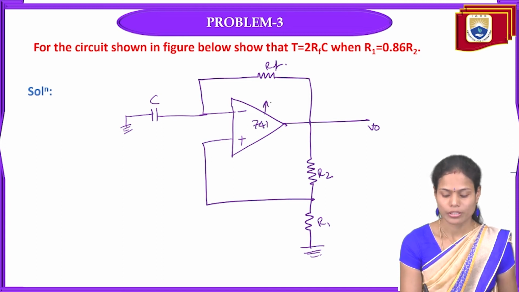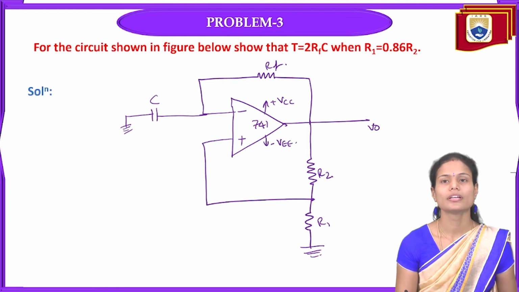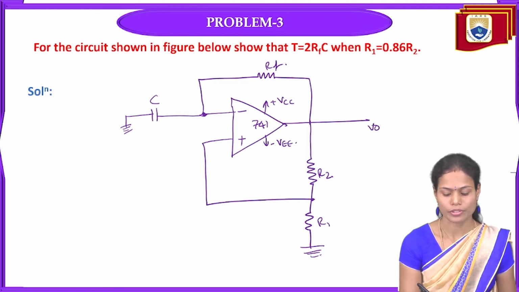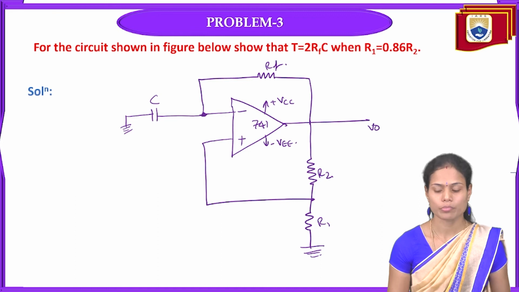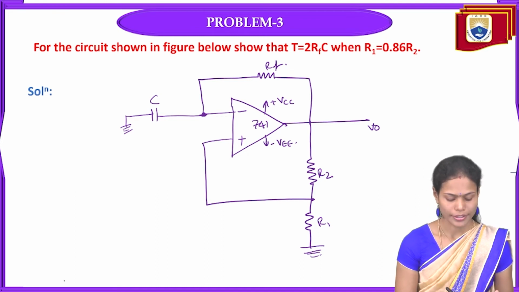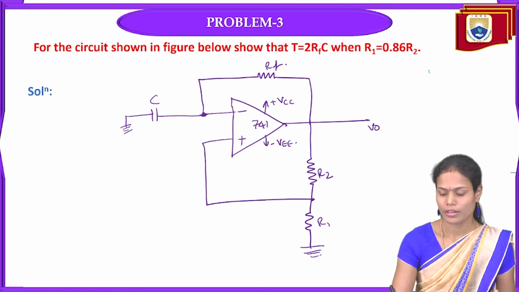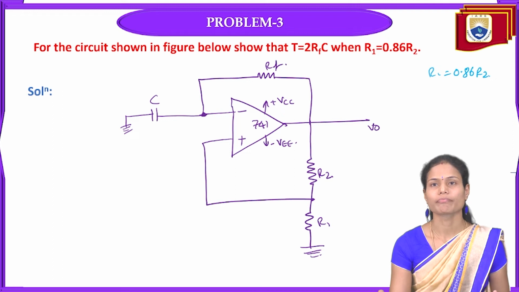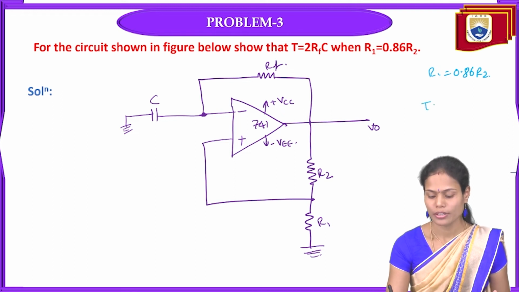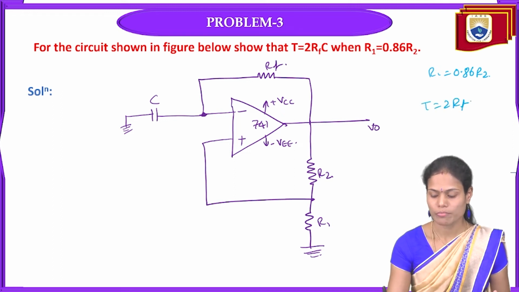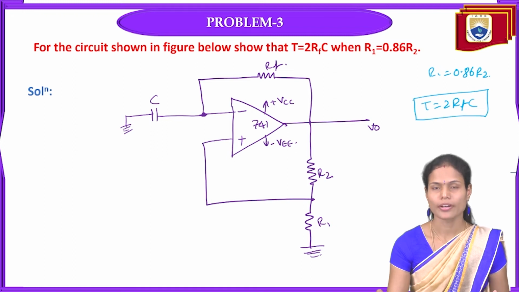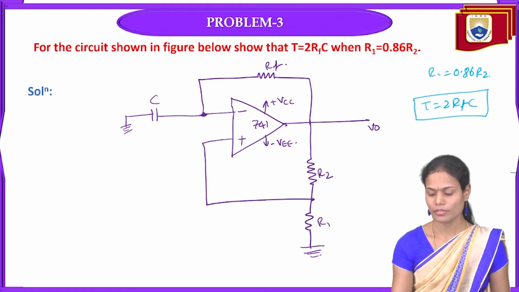So here we need to give the positive supply and here we need to give the negative supply for the circuit. So this is the circuit given in the problem itself, and here the given value is R1 equal to 0.86 R2. So we have to show here T equal to 2 times RF into C.